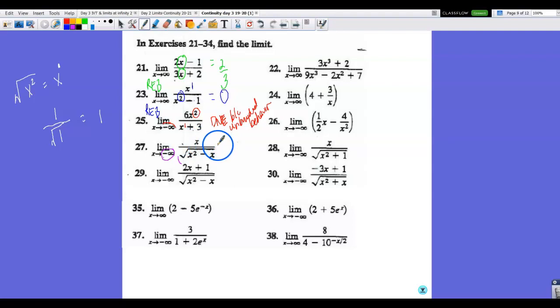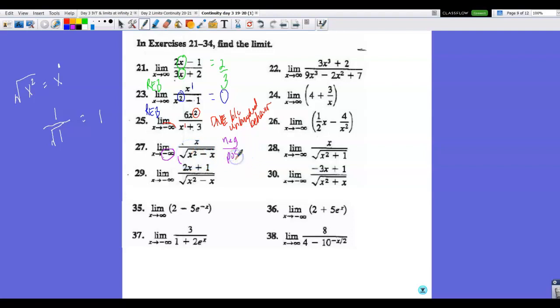I wish I had gotten my calculator up, but I didn't, and maybe I will in another video. But if I let the numerator go to negative infinity, and I think of substituting, even though we can't, negative infinity in place of x, I get a negative in the numerator. But the denominator, if I put a very negative number in the denominator and square it, I get a positive, and the square root gives me a positive.